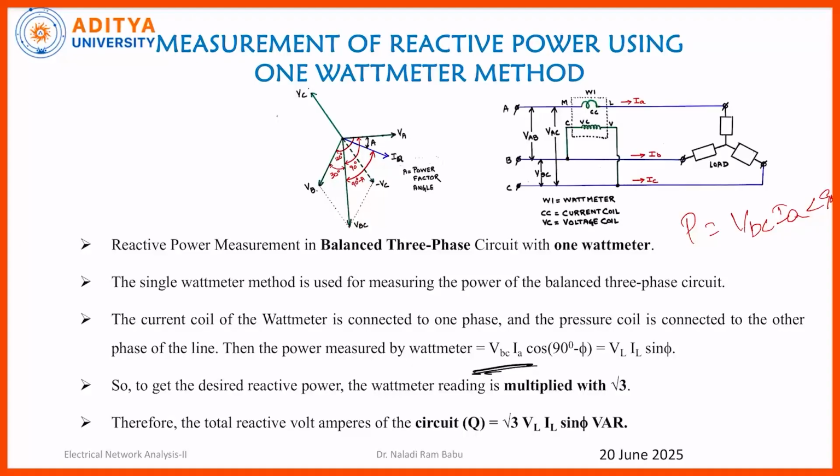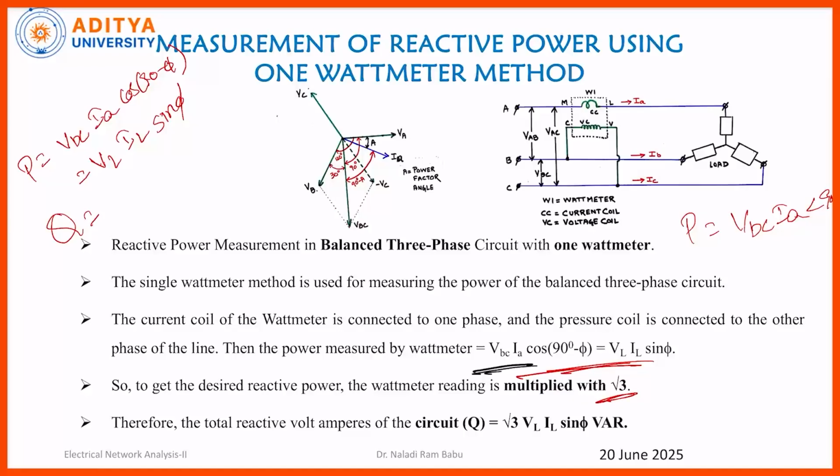Therefore, the power measured P is equal to VBC IA cos of 90 minus phi, which is VL IL sin phi, where VBC is the line voltage and IA is the line current. And to get the reactive power Q, Q will be root 3 times VL IL sin phi.